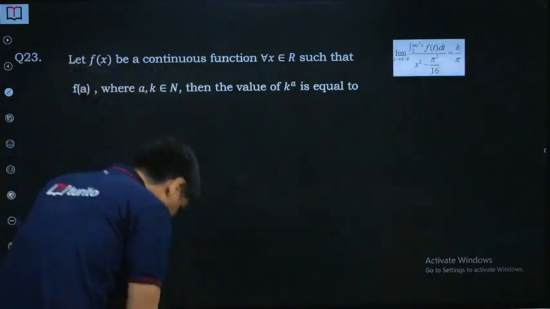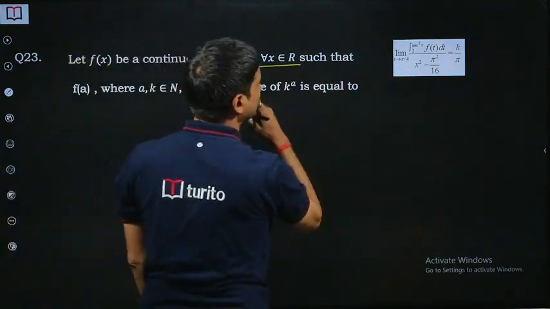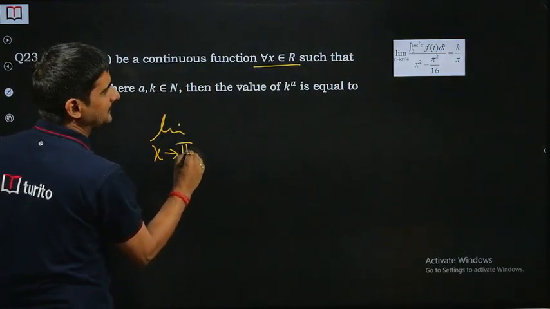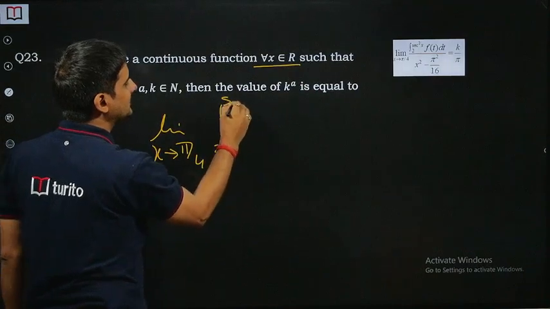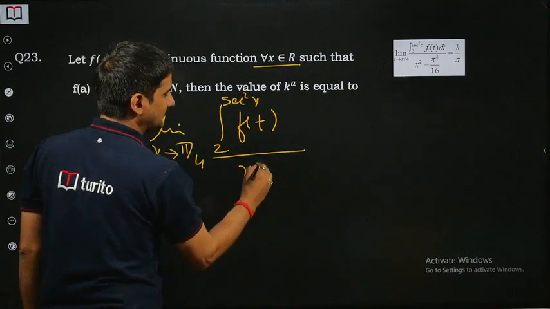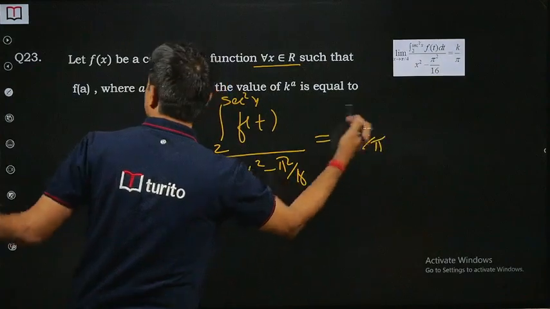f(x) be a continuous function for all x belonging to R such that the limit as x goes to pi by 4 of the integral from 2 to secant square x of f(t) dt, divided by x square minus pi square by 16, is k by pi.